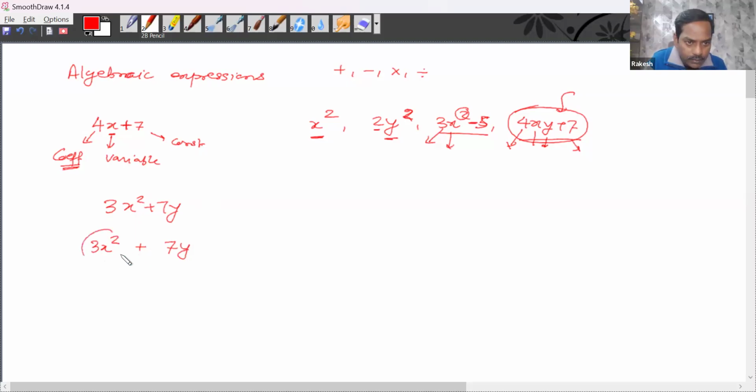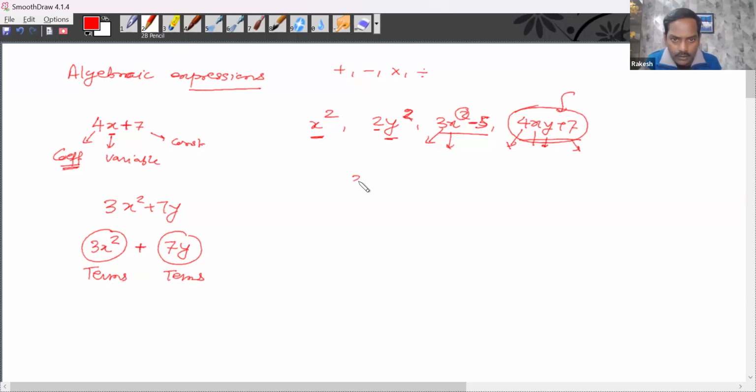Each of these is called a term, right? So this algebraic expression has two terms. One is 3x square, another is 7y, and they are added, right? So in an algebraic expression, if I have more than one term, usually they are added, correct? Each of these things is called a term.